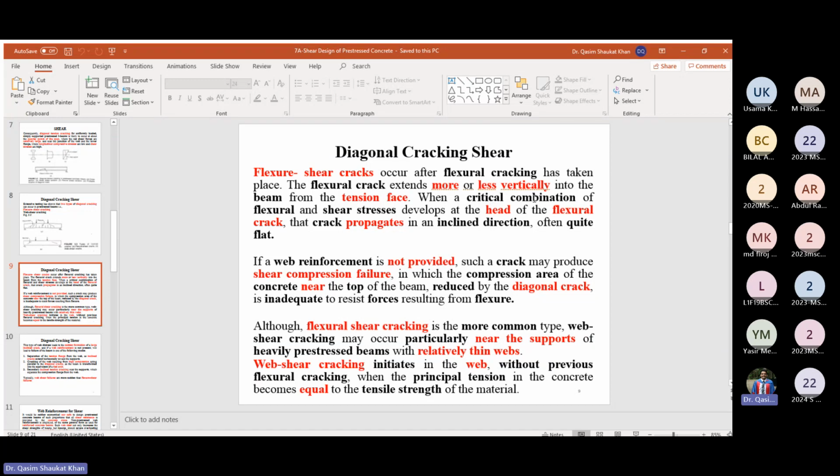When a critical combination of flexural and shear stresses develops, a shear crack, an inclined crack, develops at the head of the flexural crack, which is vertical.